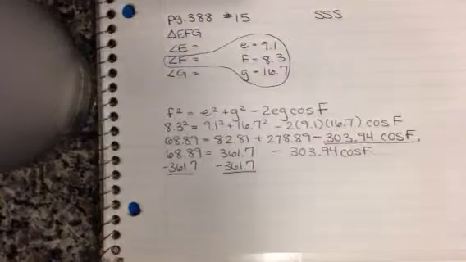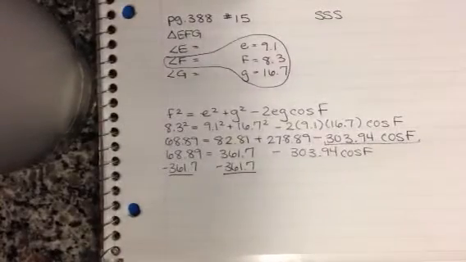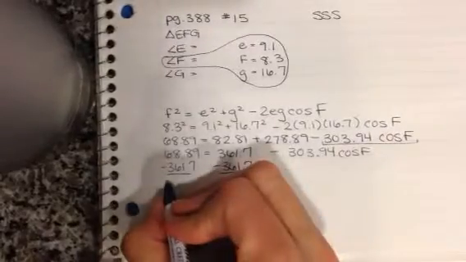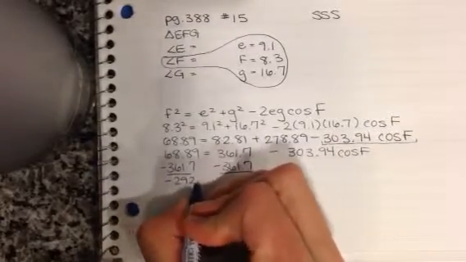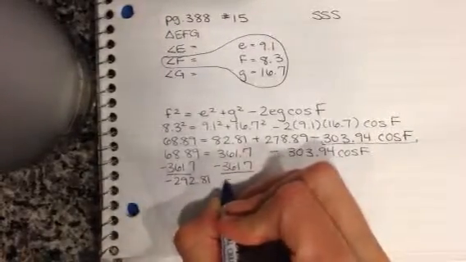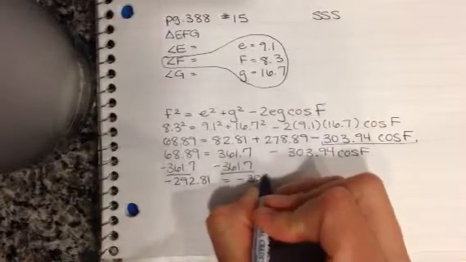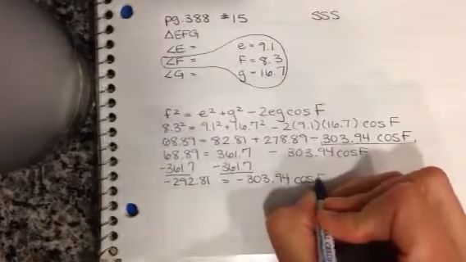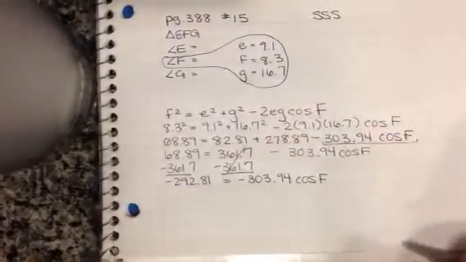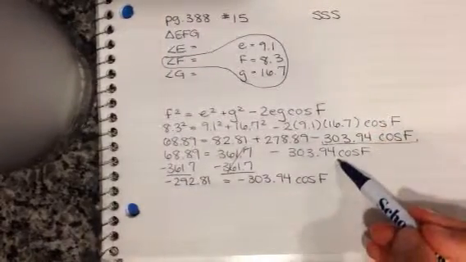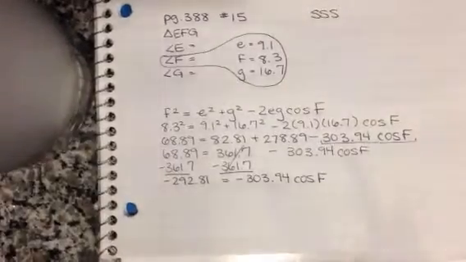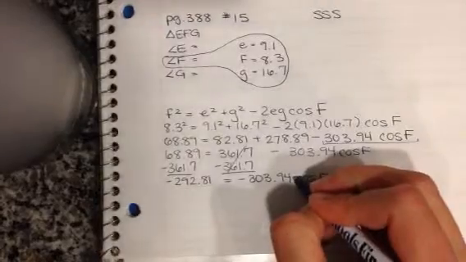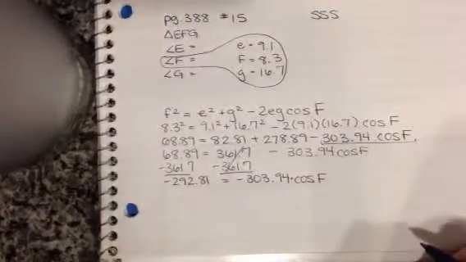Okay, so I'm going to use my calculator. I'm smart, but I'm not a number cruncher. And I don't expect you guys to be, so you do need your calculator on these. Okay, so this cancels out here, and that's why I'm left with just this here. Now the negative 303.94 is a coefficient. That's a number in front of a variable.